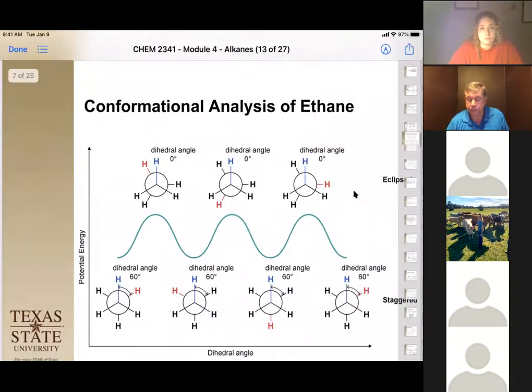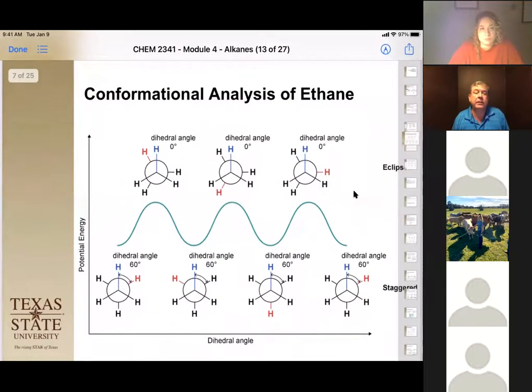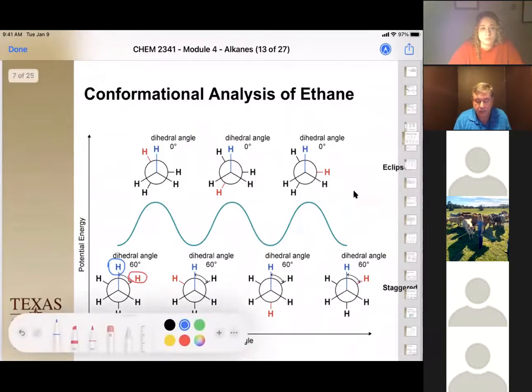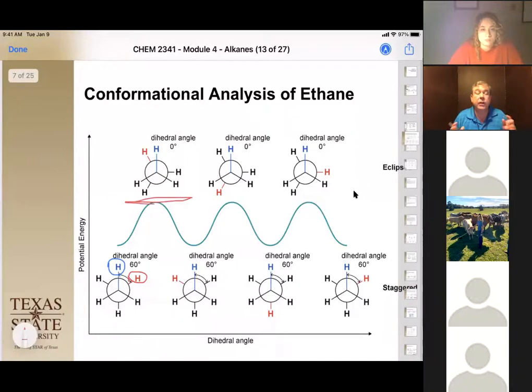Okay, so let's follow it rotating around and see what it does. What we're going to start with is we're going to look at the blue and the red hydrogens specifically, right here. And we're going to start somewhere. So we're going to start with a staggered conformation with a dihedral angle of 60 degrees. And then we're going to rotate that red hydrogen counterclockwise until we get to this conformation, our first eclipsed conformation.